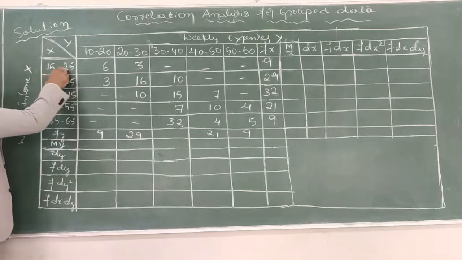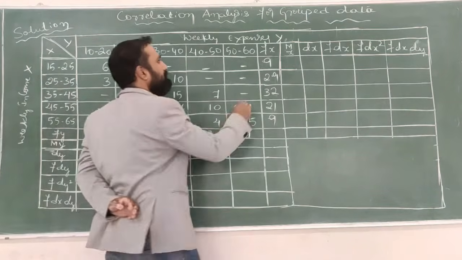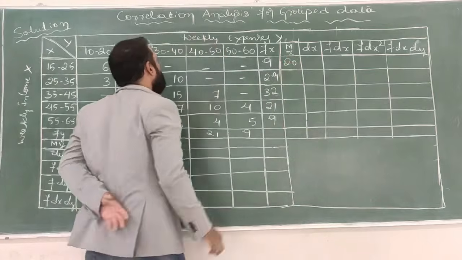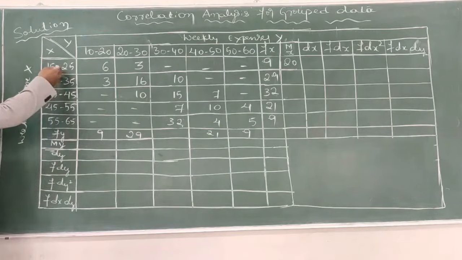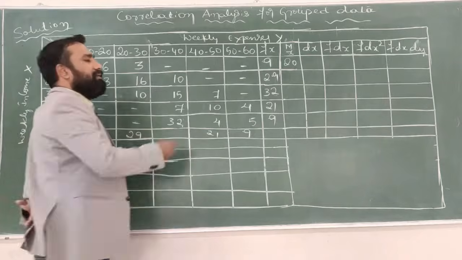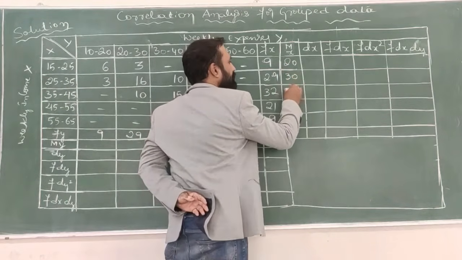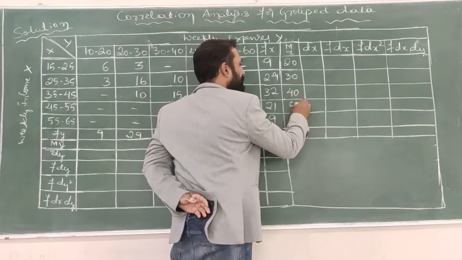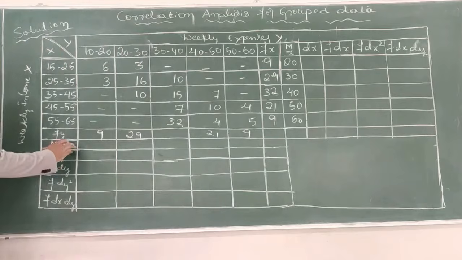So 15 plus 25 is 40, 40 divided by 2 is 20. Here it is very simple to get the next mid values, because the class interval has increased by 10. In the same way we increase the mid values by 10: 20, 30, 40, 50, 60.